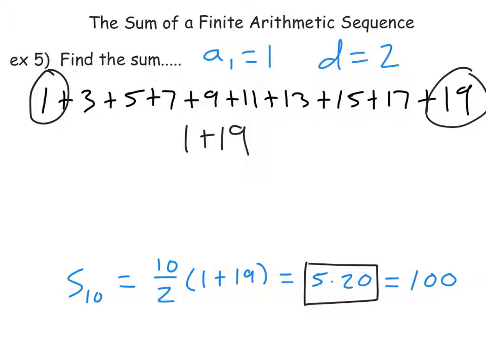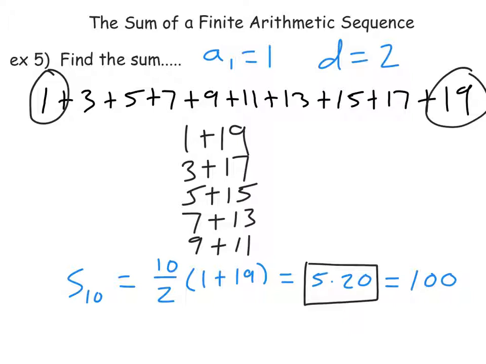Now, if we work our way in, the next terms available would be 3 and 17, 5 and 15, 7 and 13, and then 9 and 11.